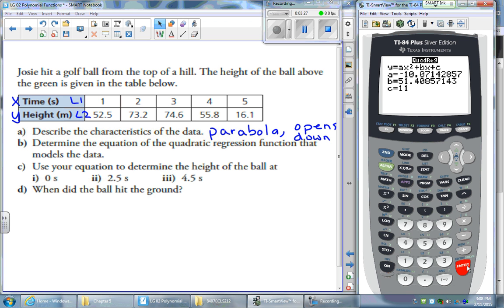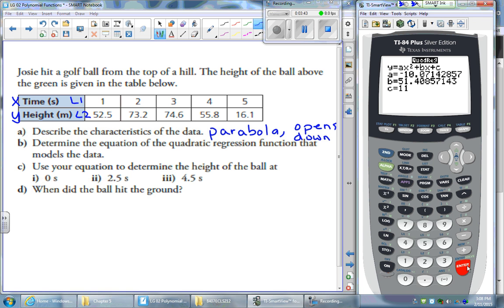and it's telling you that the equation has an A value of about -10.1, a B value of 51.4, and a C value of 11. So let's just copy that down here.